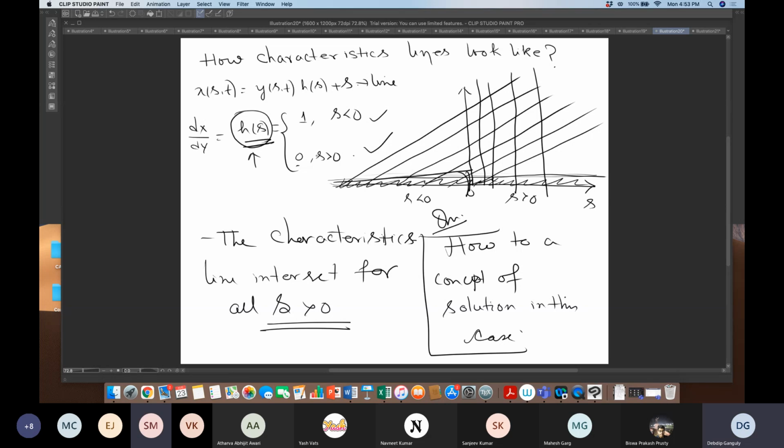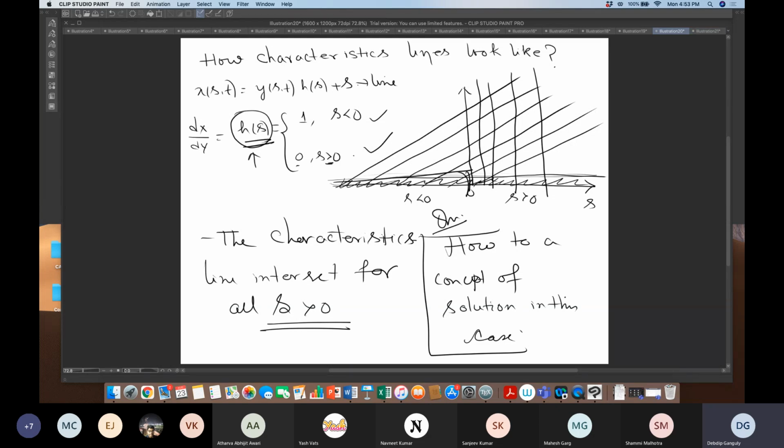And so why are we not defining H at point 0? At point S equal to 0. Sorry, this is okay. So for S less than 0, you have a solution.